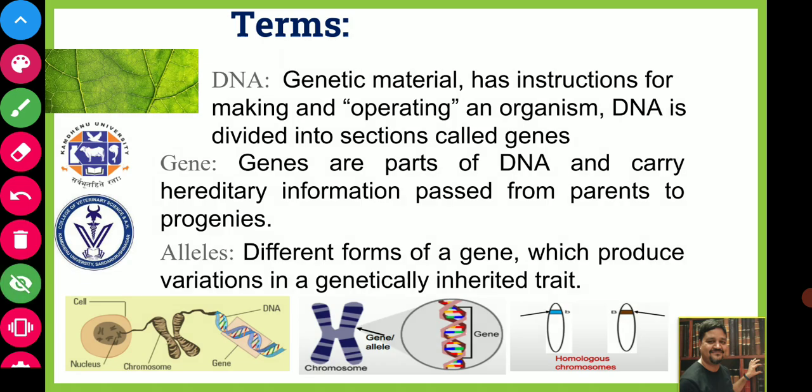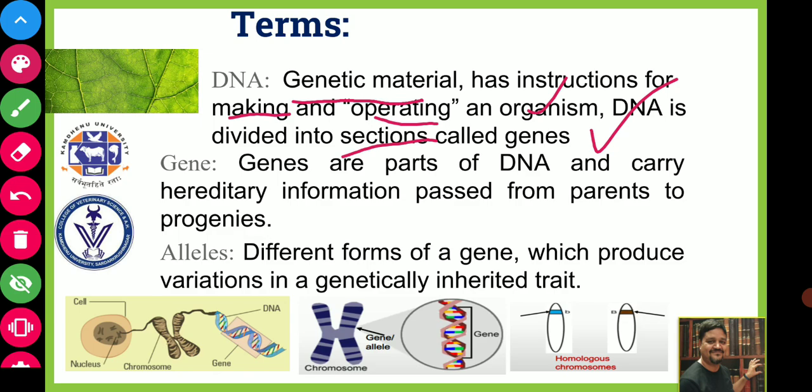It is called a genetic material because it has information or instruction for making and operating an organism. What an organism does and what that organism will do is all encoded in the form of instruction on DNA. DNA is divided into different sections, and these are called genes.